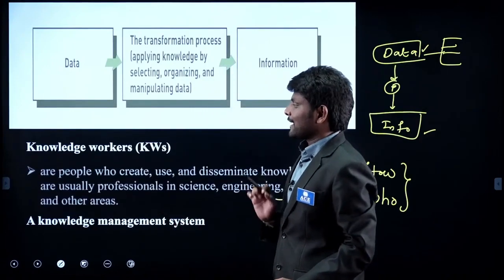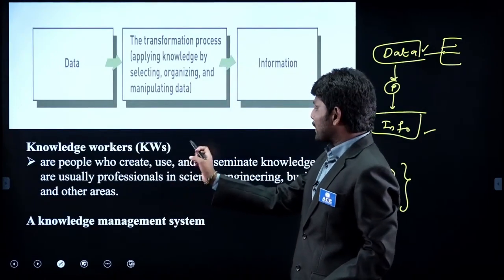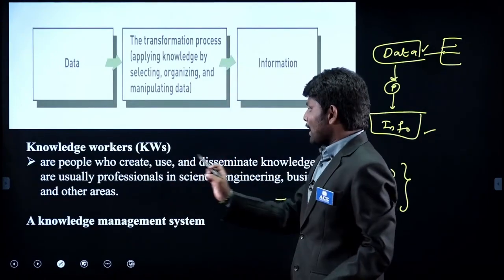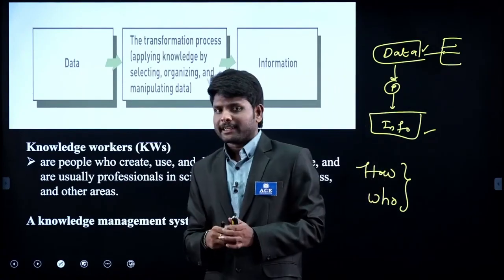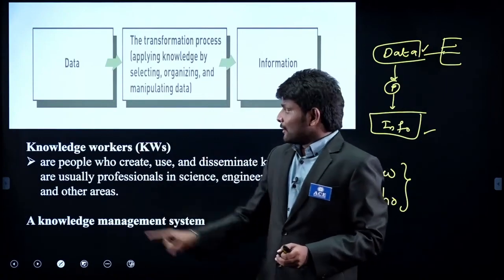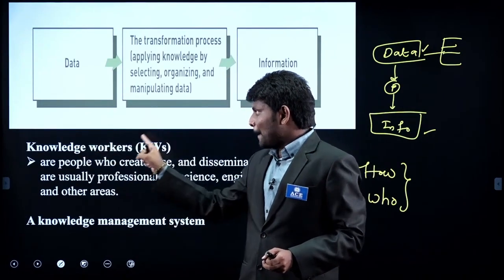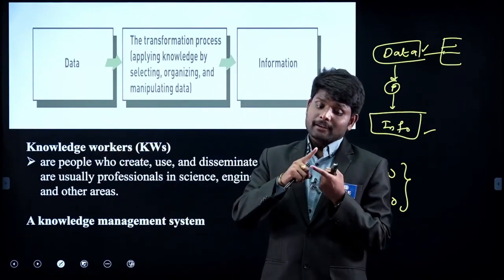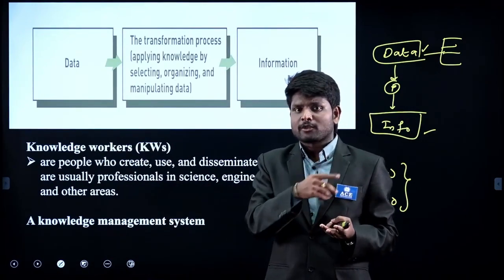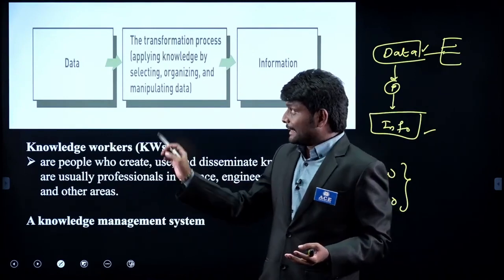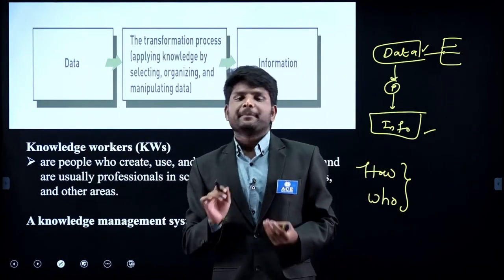Knowledge workers, just understand this point, are people who create, use and disseminate knowledge and are usually professionals in science, engineering and business and other areas. Here, knowledge workers are not computer science experts. They can be experts in physics, mathematics, sociology or geography or anything. They need not be specialists in computer science.